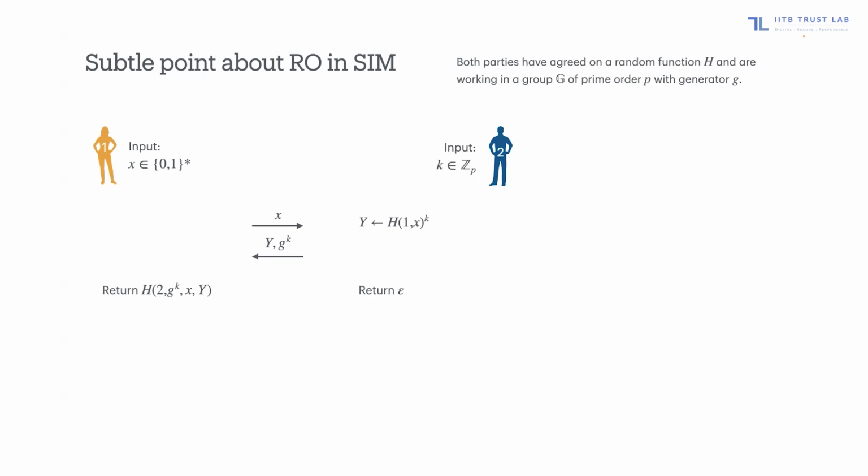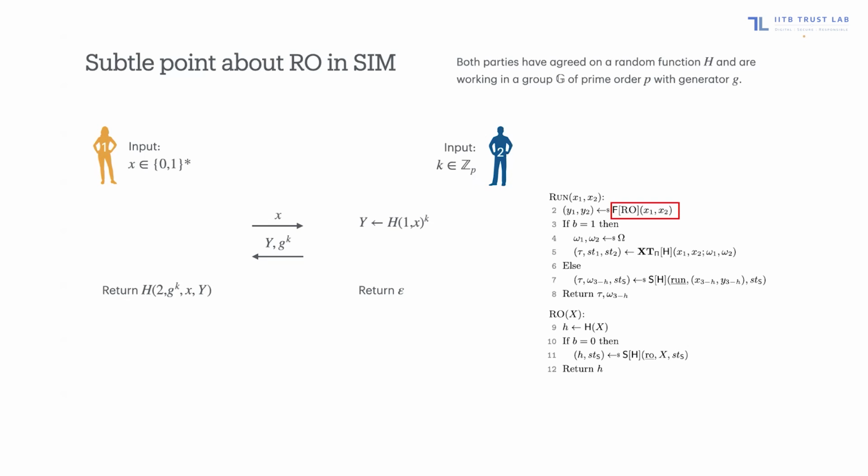In this protocol, party one just sends its input in the clear to party two. This is obviously insecure, as anybody looking at the conversation transcript can get the private input for party one.